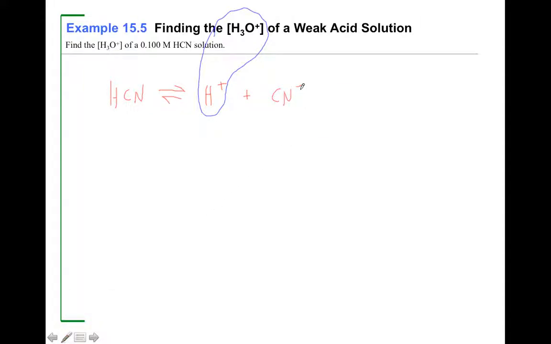Some of you may not like that, so I want to keep emphasizing it. Now we know that the Ka of this reaction is equal to the H+ times CN− over the concentration of HCN. And this then is our hydronium ion concentration, which is where we get our pH.